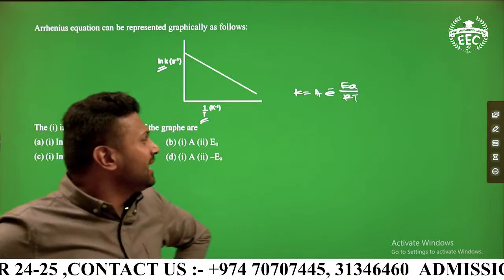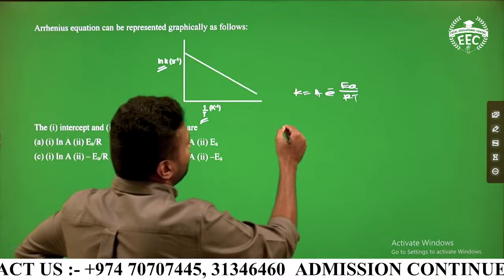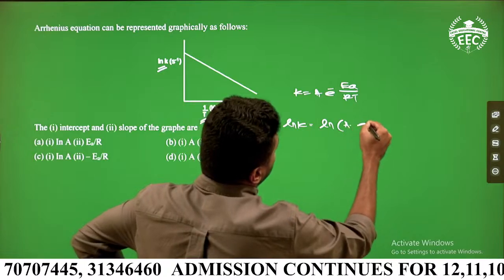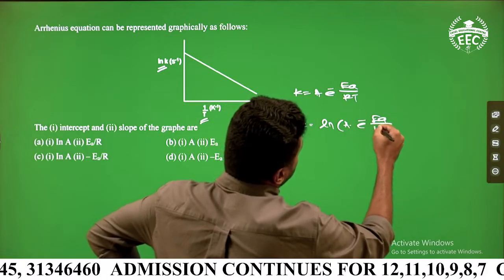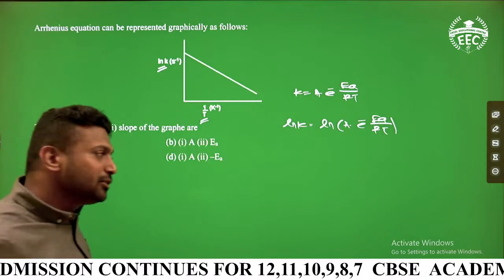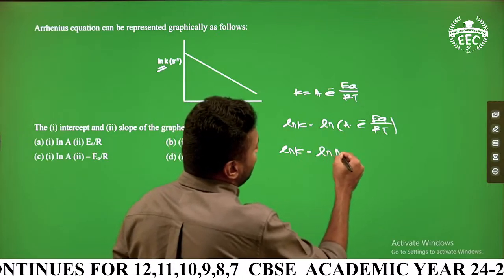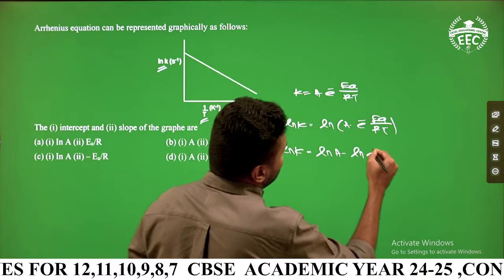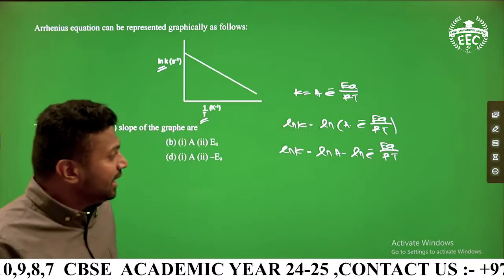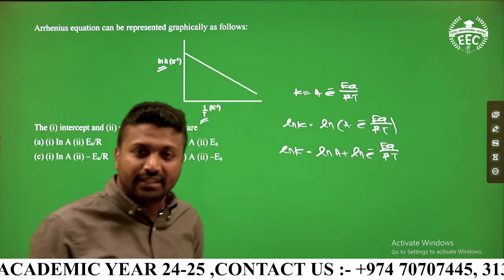Since it's the Arrhenius equation, you can apply a natural log on both sides. So we get ln K is equal to ln of A into e raised to minus Ea by RT. It is the same as log of A into B, which is log A plus log B. So ln K is equal to ln A plus ln of e raised to minus Ea by RT.